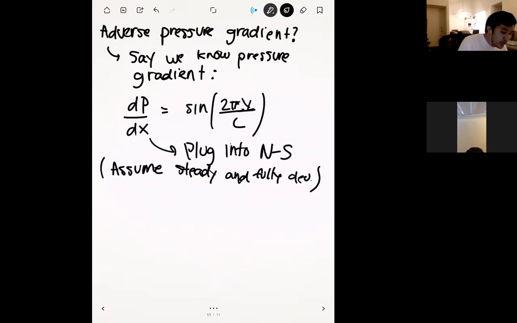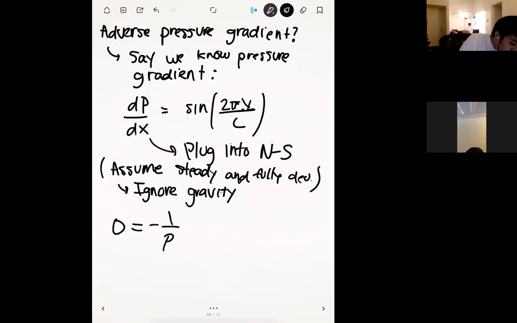Let's assume we have a steady flow, a fully developed flow, and let's ignore gravity too. If you run through all the typical cancellations we do in Navier-Stokes, you'll see that only two terms survive. We have 0 on the left-hand side, where our unsteady term and convective terms are. On the right-hand side, we have negative 1 over rho dp dx plus nu d squared u dy squared.